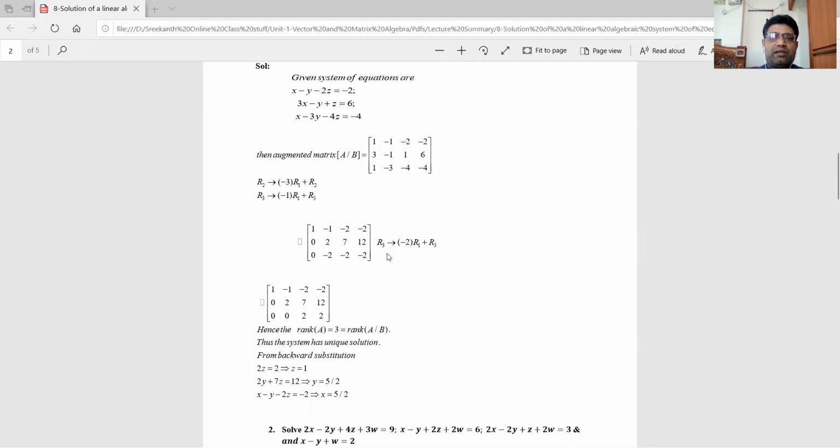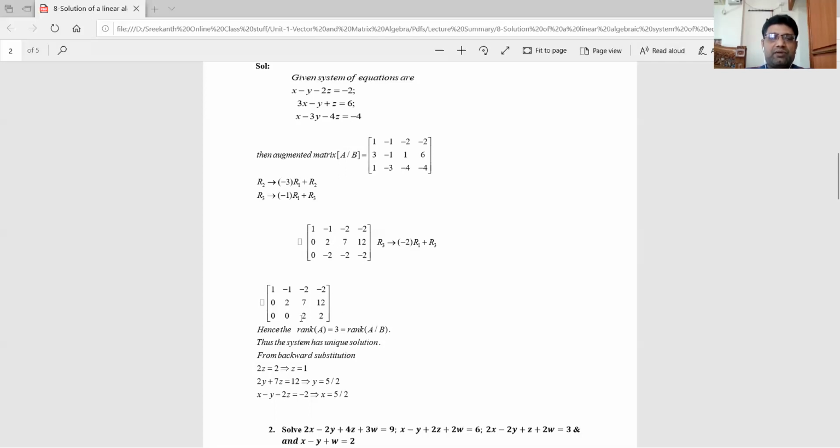Here a mistake is there. So minus 2 plus 2 is 0, minus 2 plus 7 is plus 5, and minus 2 plus 12 is 10. If you do it with the first row also, it is not a problem, but it is recommendable that you use the second row.